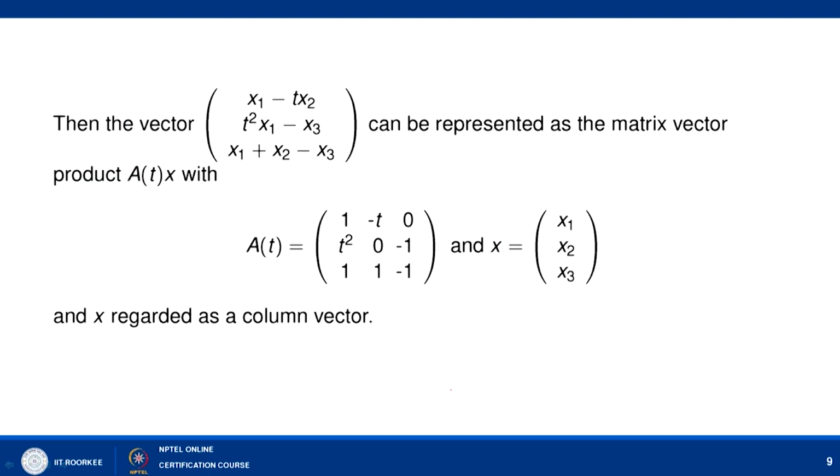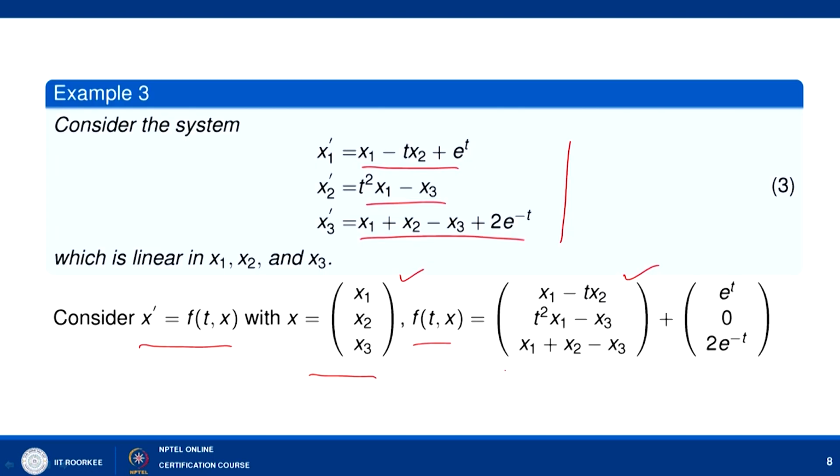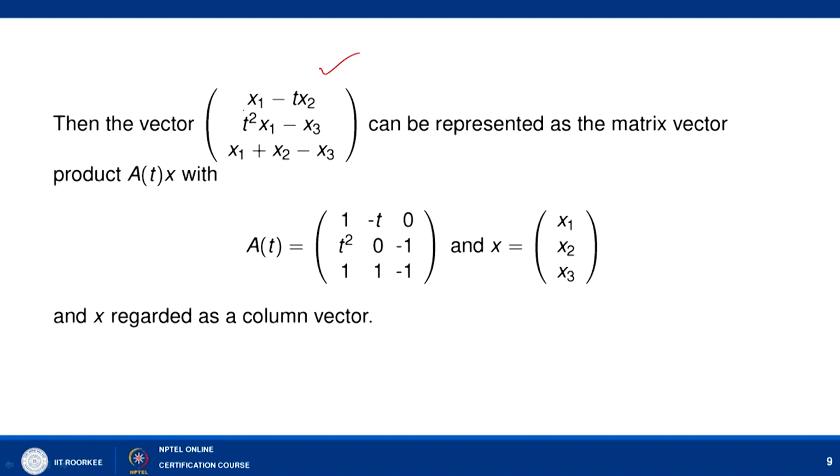So this vector given here can be further simplified, and you can write the vector (x1 minus t x2, t square x1 minus x3, x1 plus x2 minus x3) as A(t)x, where A(t) is given as the matrix with rows (1, minus t, 0), (t square, 0, minus 1), (1, 1, minus 1), and x is given like this.